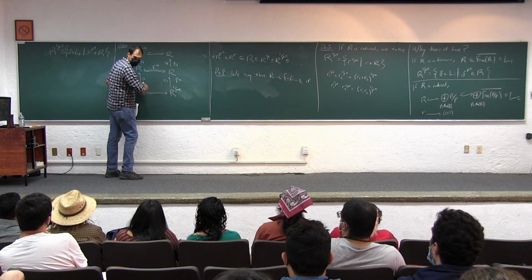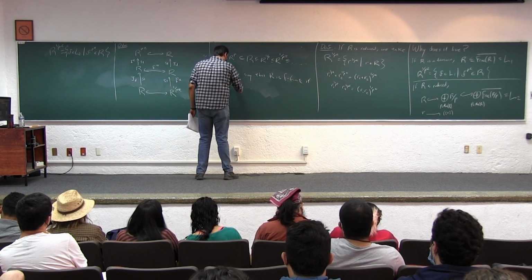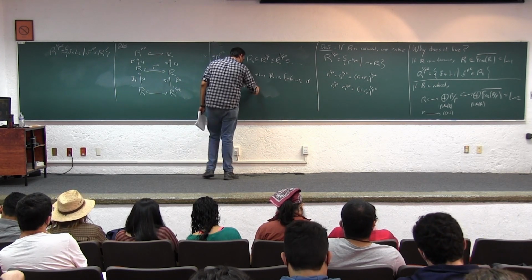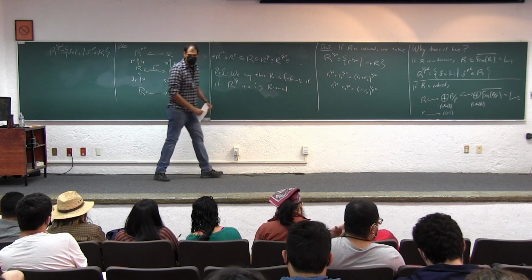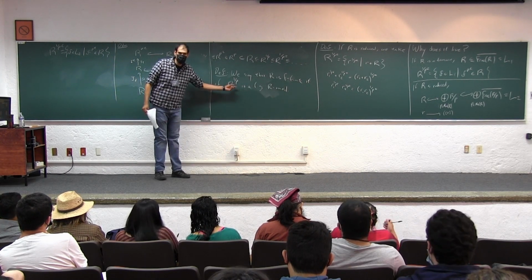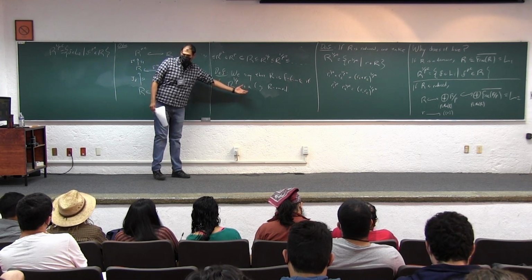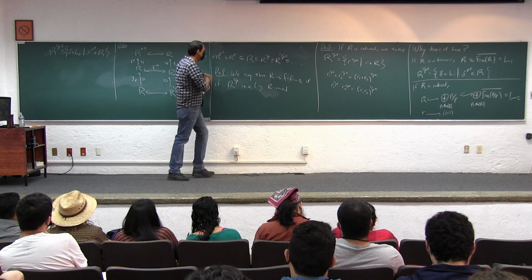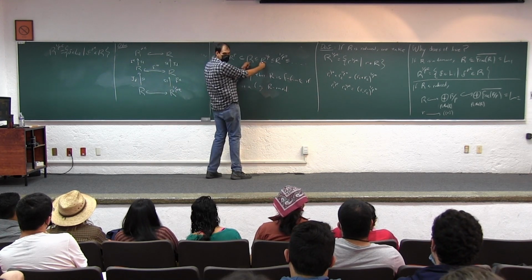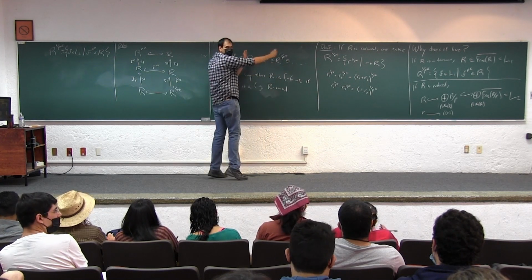So I'm going to pick this one: R is F-finite if R^{1/p} is a finitely generated R-module. And of course here you can put 1/p^e, for every e, or for one e, as long as e is positive, because we have this fractal thing. If from here to here is finite, then this is finite, this is finite, this is finite, and we know that the composition of finite maps is finite.